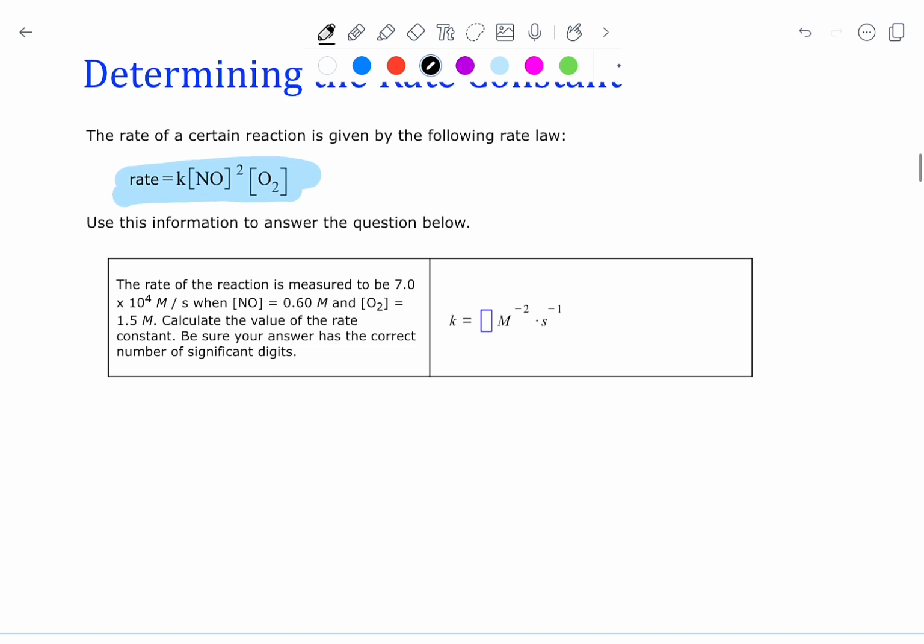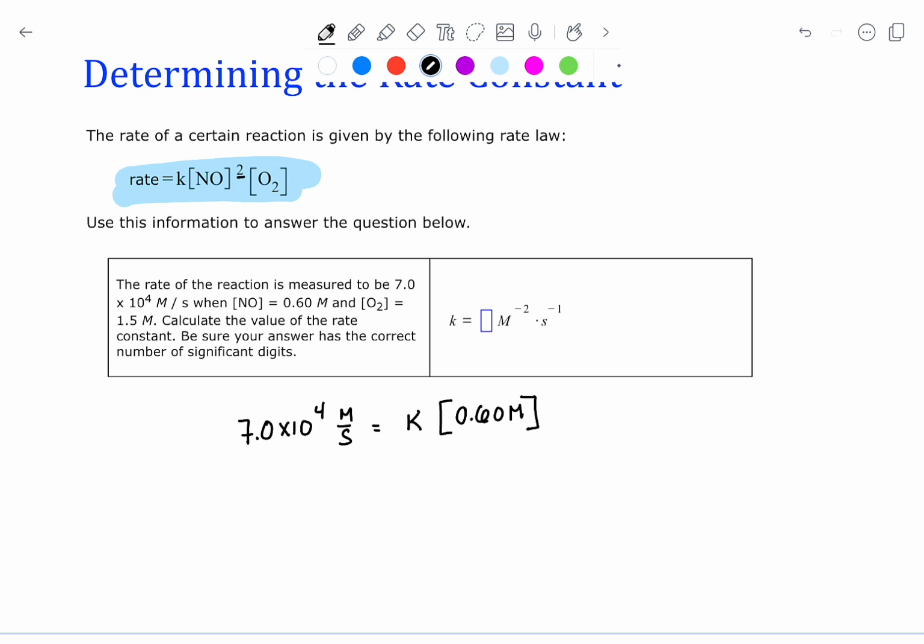So this then just becomes a plug and chug equation as long as you account for those reaction orders appropriately. So we know our rate, that's going to be 7.0 times 10 to the 4th molar per second. Even in a rate law, rate still has units of molar per second. And that's going to be equal to K, which we're looking for, times the concentration of NO, which was given in the problem as 0.60 molar.